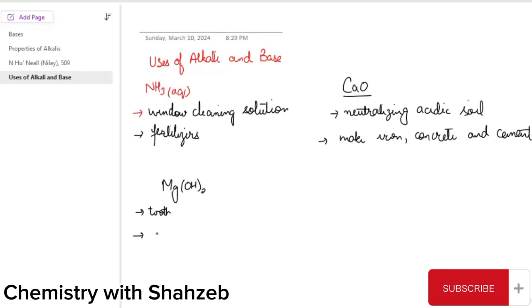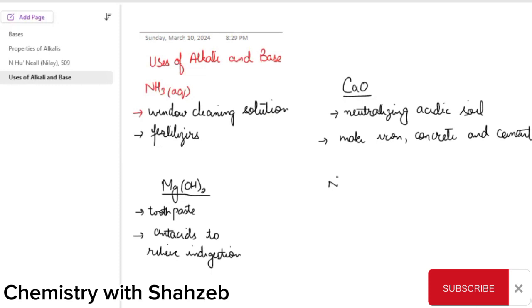It is also used as an antacid to relieve indigestion. If there is acidity in the stomach, we take these medicines, and magnesium hydroxide is present in them, so it is used to relieve indigestion.